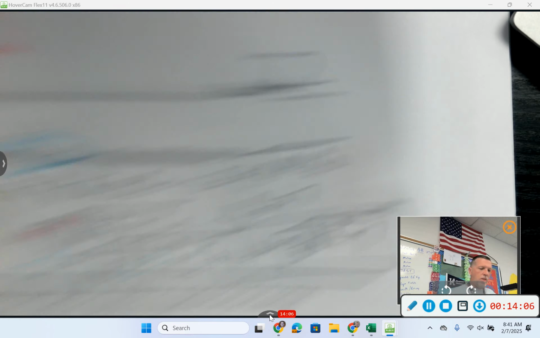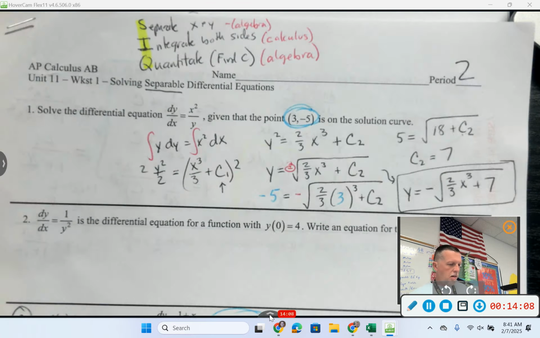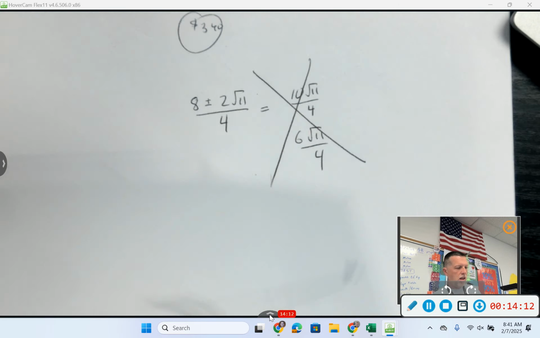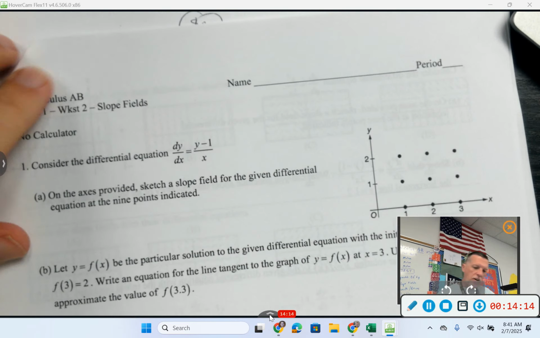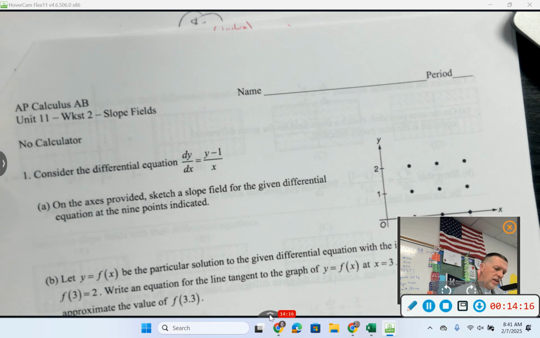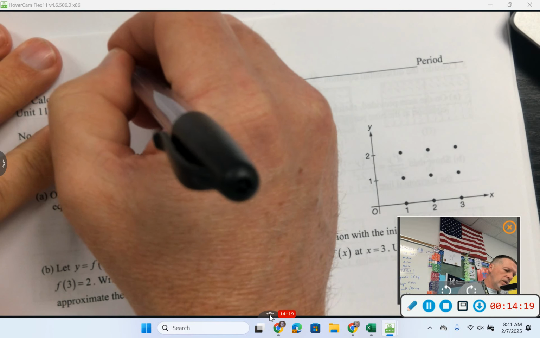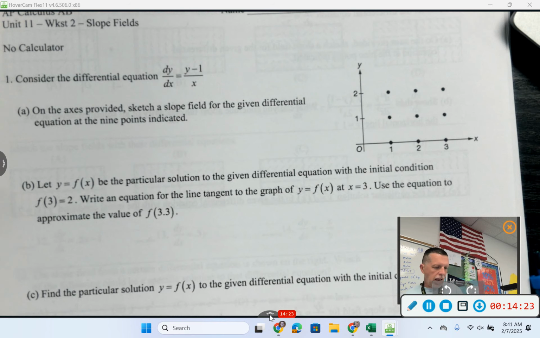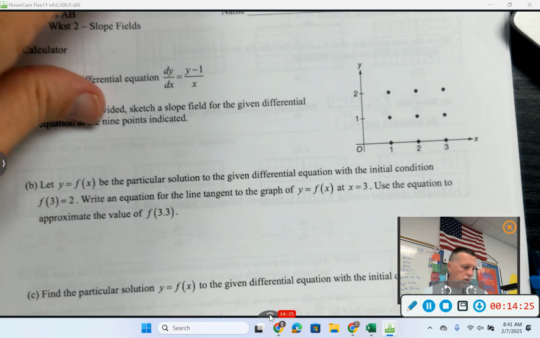Okay, so that means Monday and Tuesday's assignment was worksheet 1. Thursday, Friday assignment is worksheet 2. And I wonder if we should do one of these.